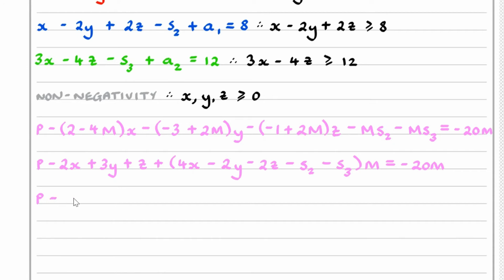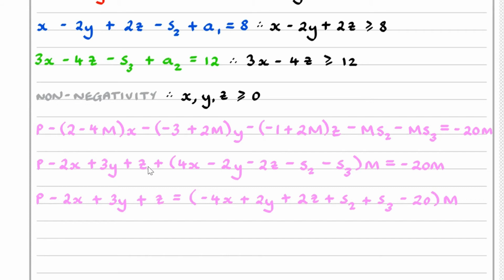So we have P subtract 2x plus 3y plus z, and if I rearrange this, I would have negative 4x plus 2y plus 2z plus S2 plus S3 subtract 20M.